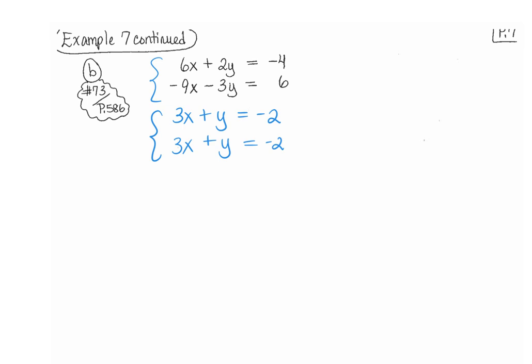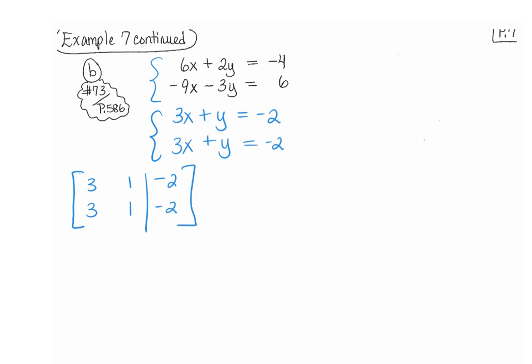So we have our system in standard form, so now we can write our augmented matrix. Good. Tell me what it is. The same thing. Good.